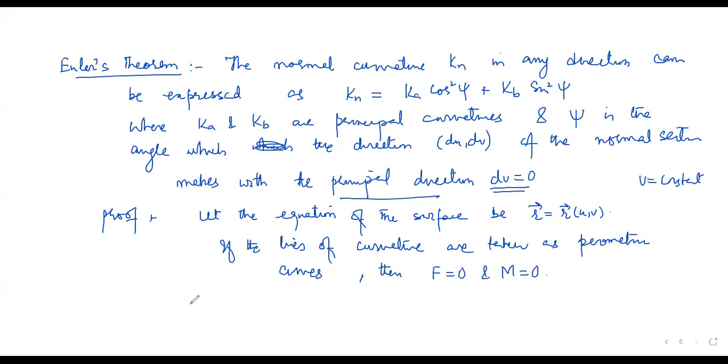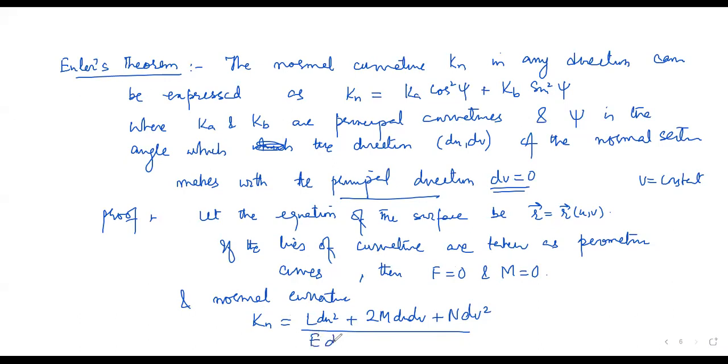And normal curvature becomes Kn equal to L du square plus twice m du dv plus n dv square divided by e du square plus twice f du dv plus g dv square.